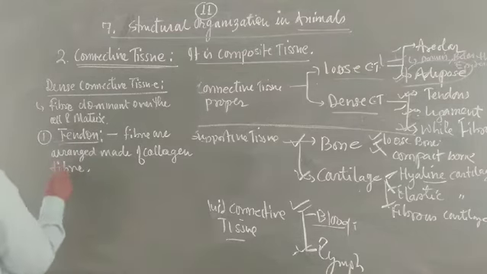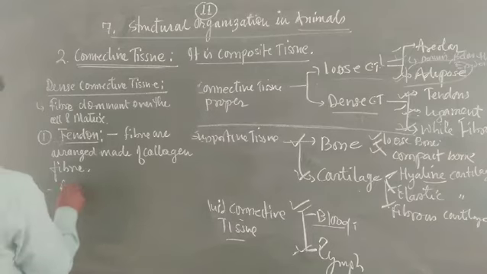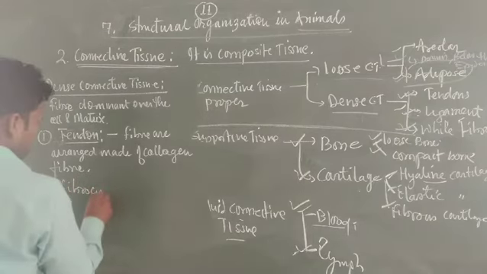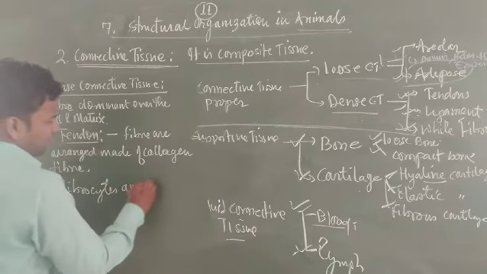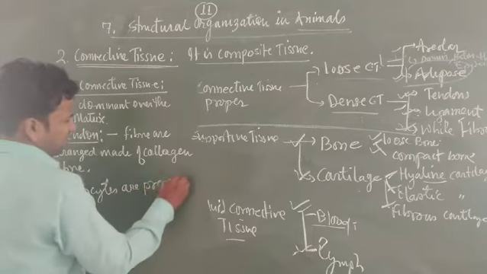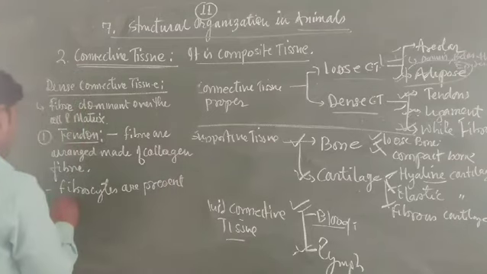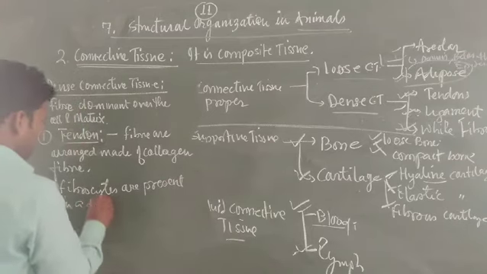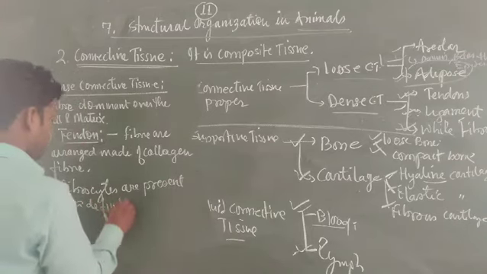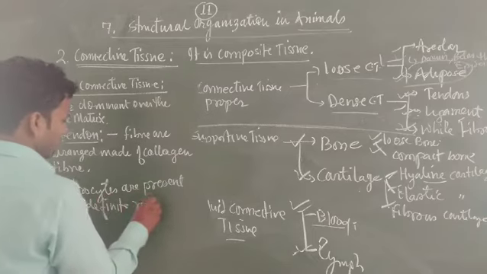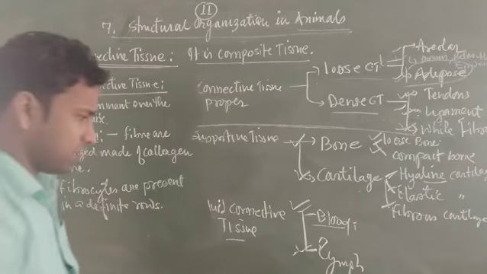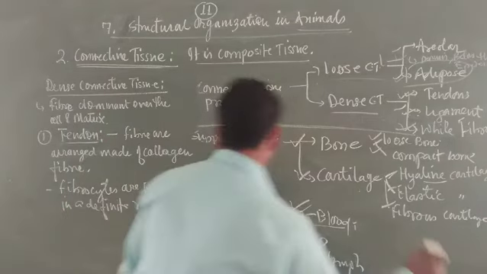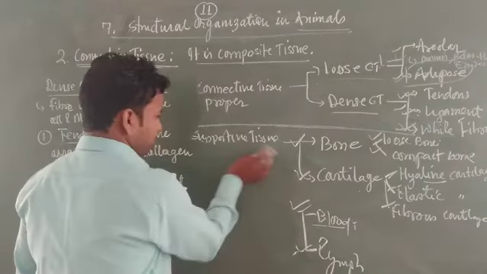The fibrocytes that are present in this are present in definite rows. That means you can say it is parallel to the fibroblast.